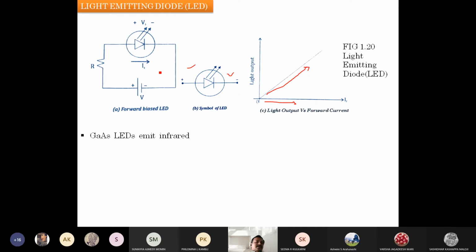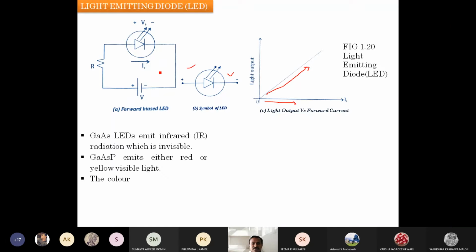Gallium arsenide LEDs emit infrared IR radiation, which is invisible. And gallium arsenide phosphide is going to emit either red or yellow visible light.